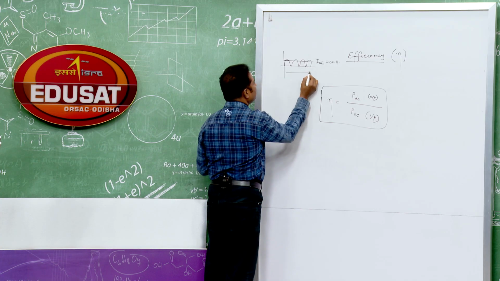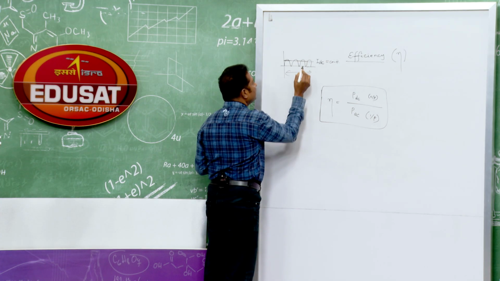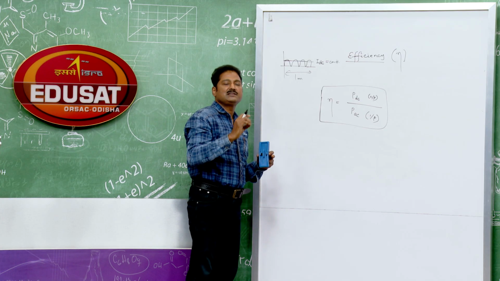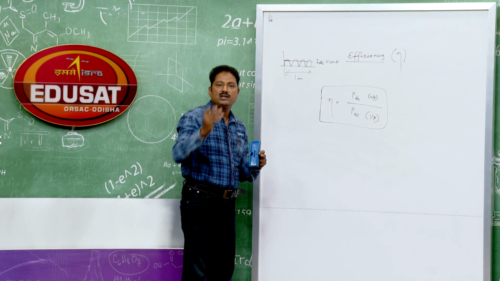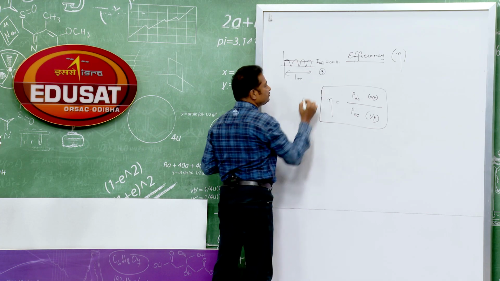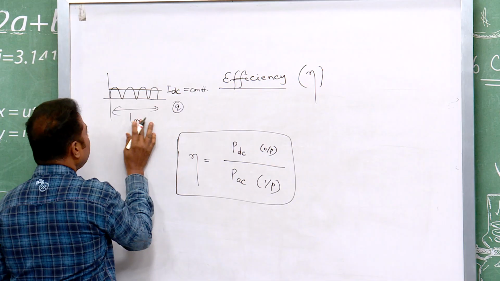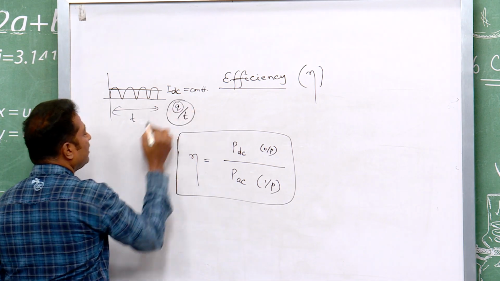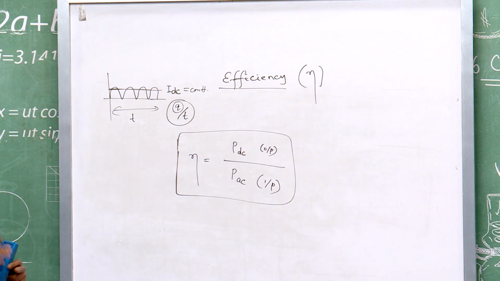Suppose it is 1 minute. The fluctuating current will be sending more charge, less charge, more charge, less charge. In this way, it will be sending. So, total charge suppose Q, and time is not 1 minute, T. So, this one here, this was your current.